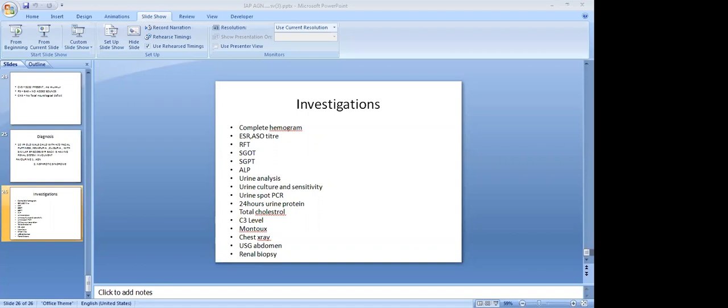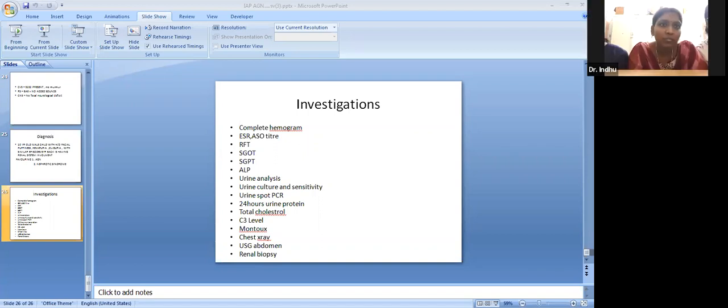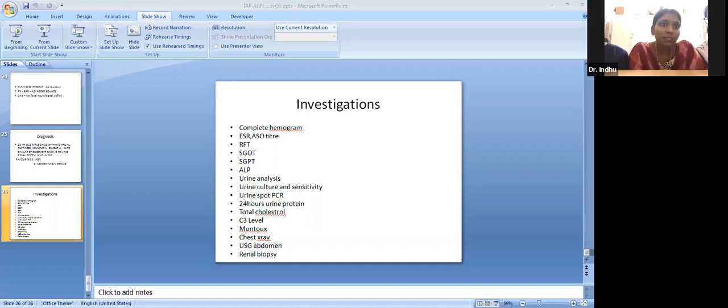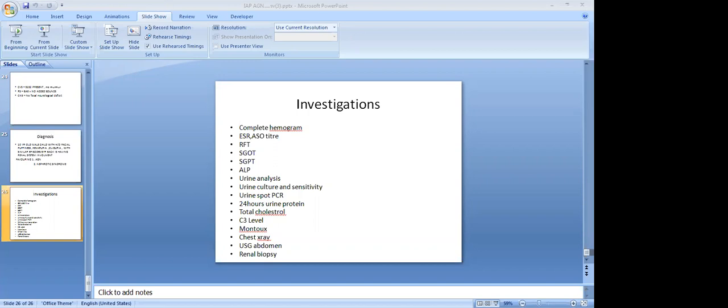Regarding C3 level, when will we go for biopsy? There are two indications with respect to C3 only. Low C3 level for more than 1 week, sir.